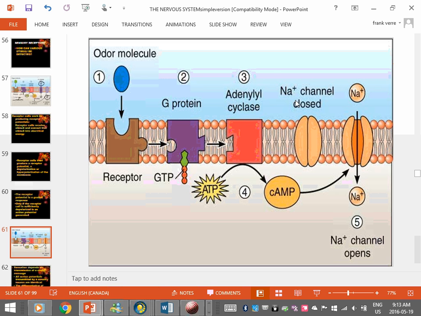So in this case, it's actually the same result because instead of keeping potassium, you're bringing in what? But it's the same thing, right? It's still an accumulation of what? Positive charge, which then raises the voltage to threshold, and then the neuron fires and you detect that molecule. Okay? You detect that smell.